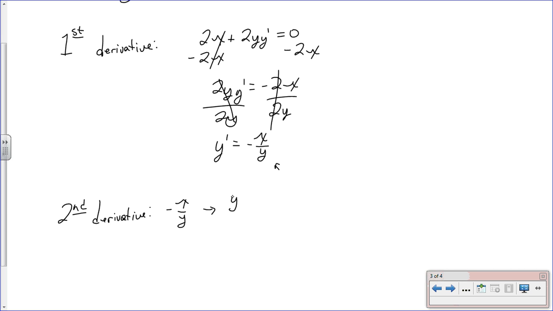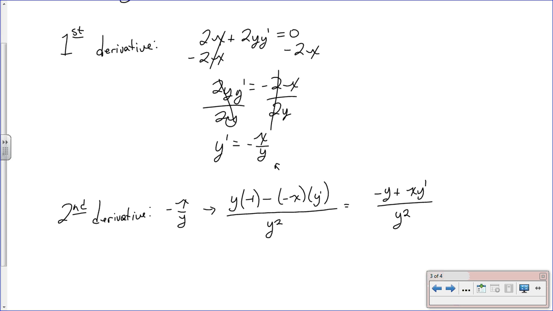You do low d high minus high d low. And the derivative of y is 1 y prime, over the bottom squared. So let's simplify this down a little bit: negative y plus x y prime over y squared.